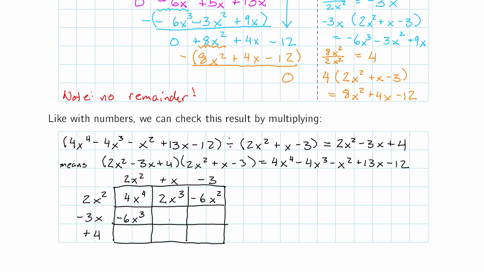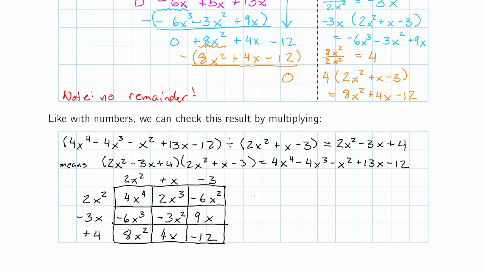Negative 3x times x is negative 3x squared. Negative 3x times negative 3 is 9x. 4 times 2x squared is 8x squared. 4 times x is 4x. 4 times negative 3 is negative 12.